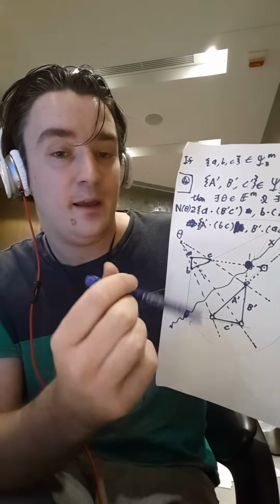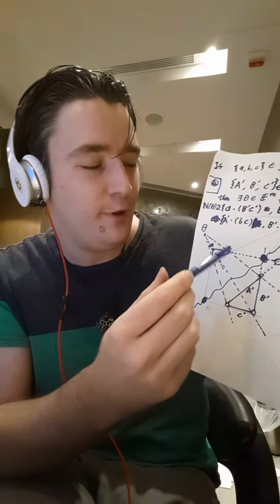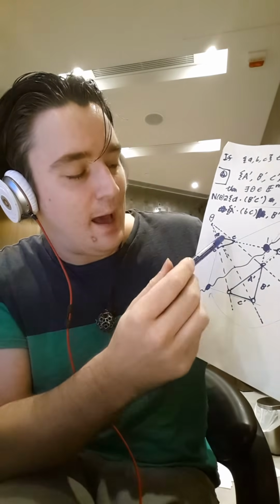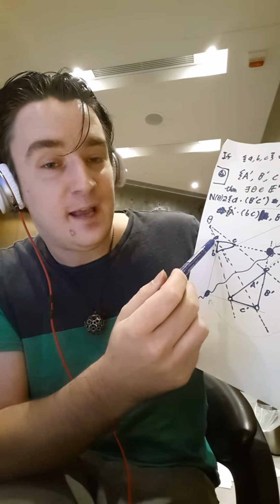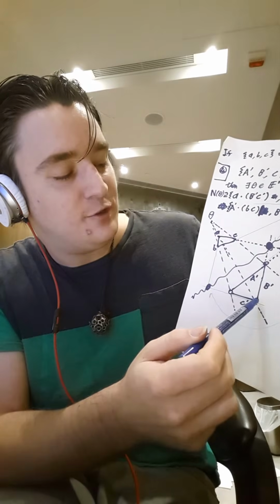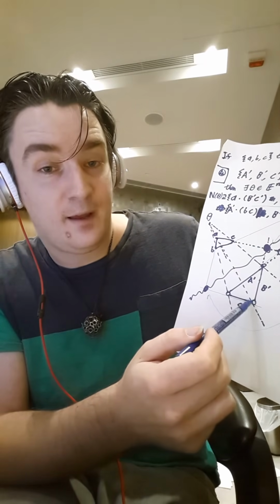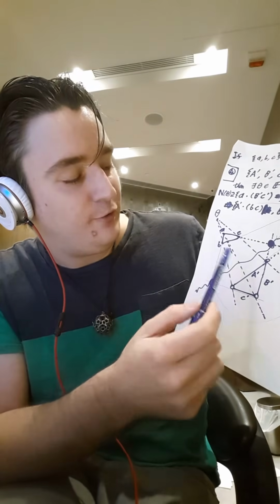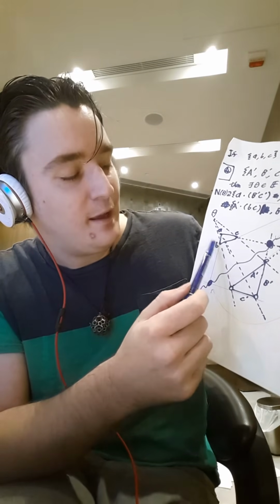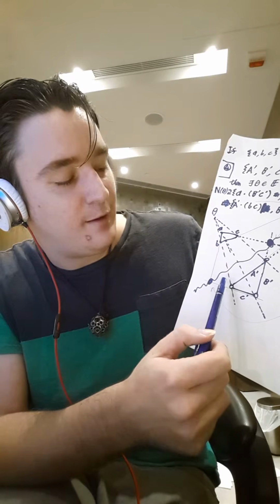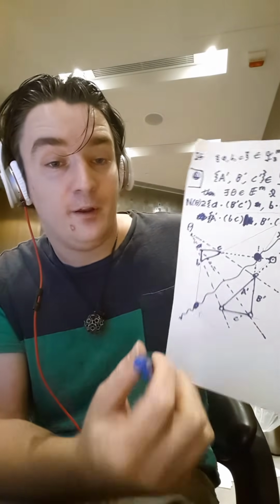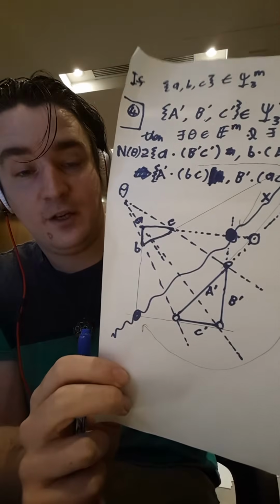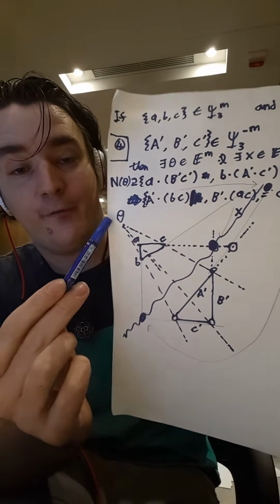So it's kind of like if you eye these triangles at theta and look at them, then vertex little a lines up with the vertex opposite edge capital A dash in this other triangle, and similarly little b lines up with the vertex opposite big B dash, and so forth.